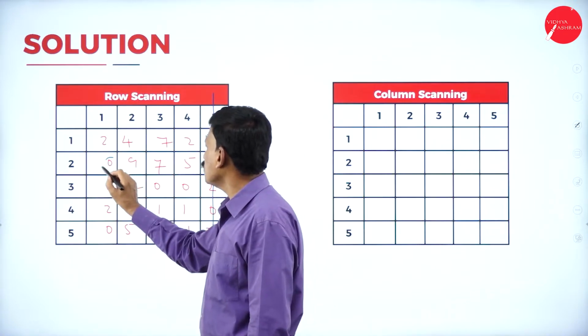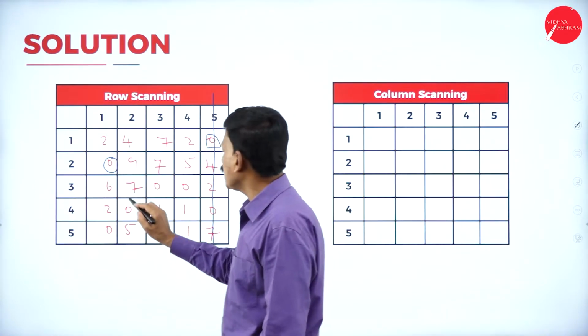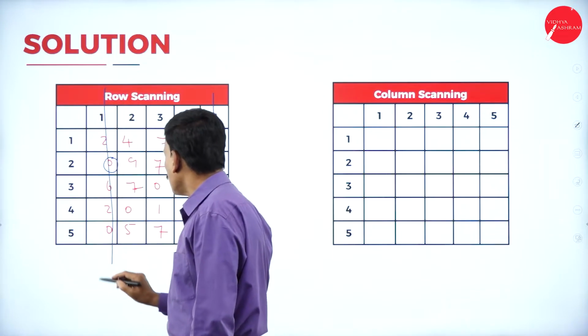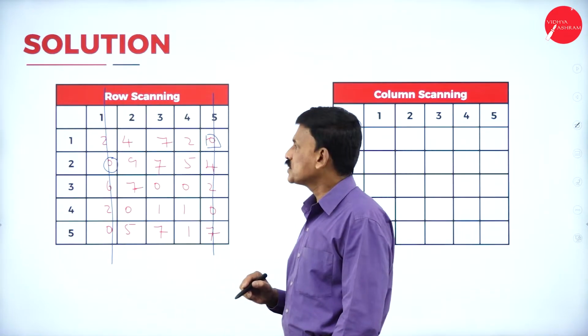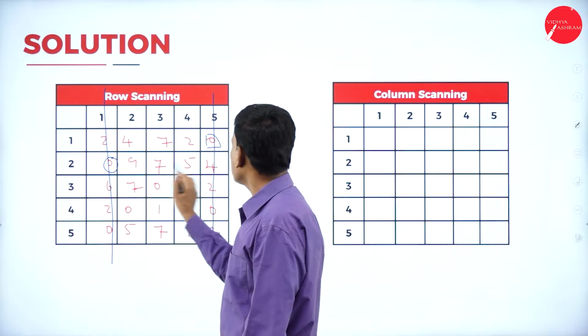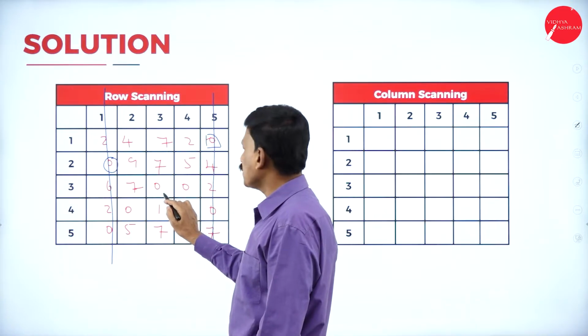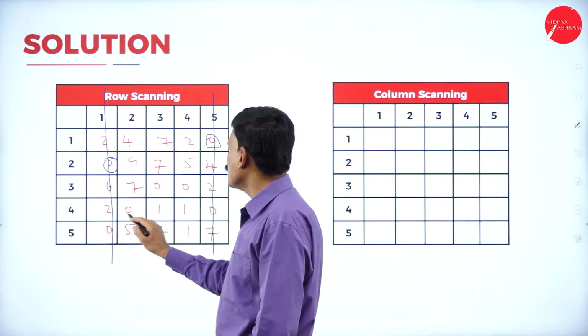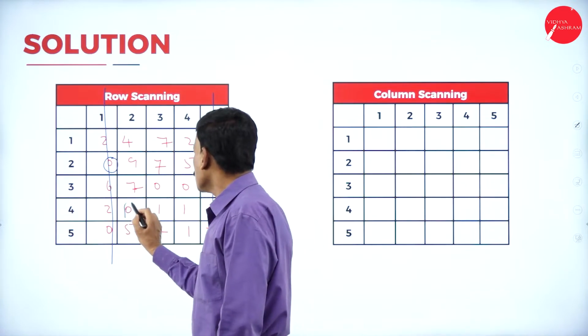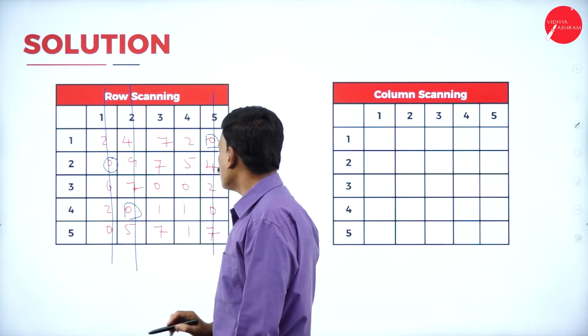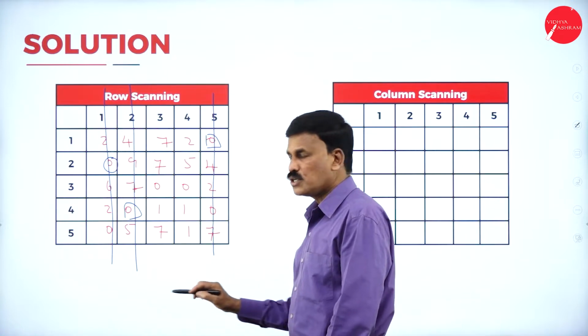Here it is a single 0. Once there is a 0, we can cancel that particular column. In the third row, there are 2 zeros. We can go for the next. Here it is a single 0, and cancel this particular column. So, this is called row scanning.